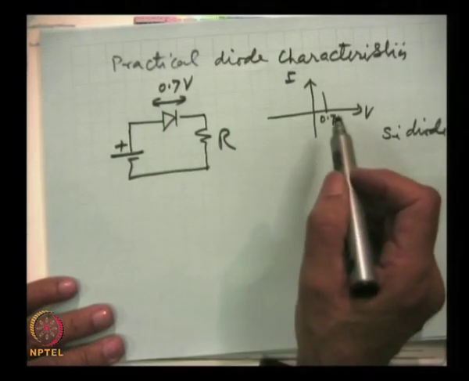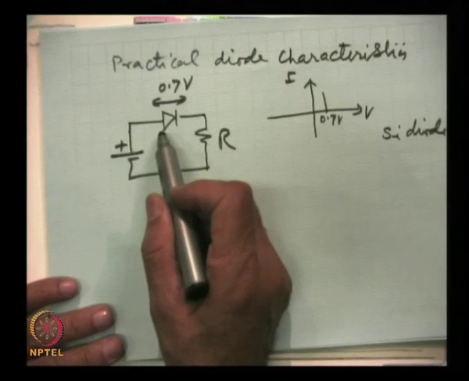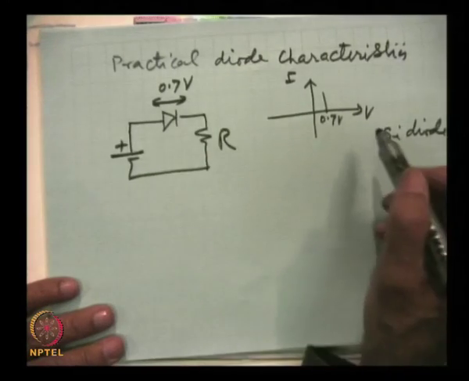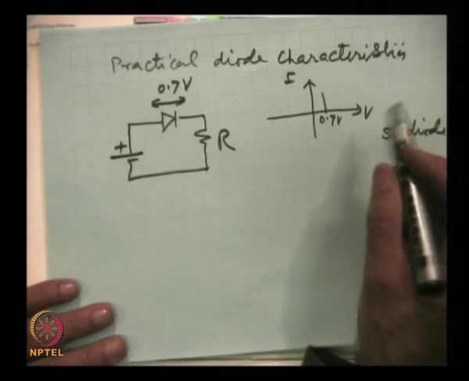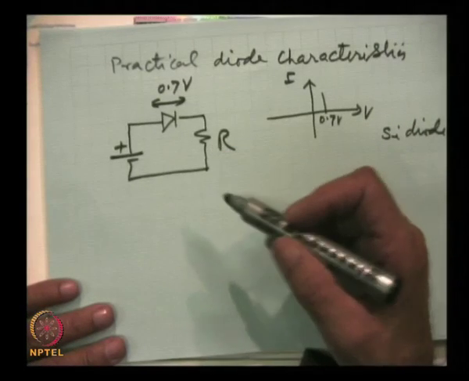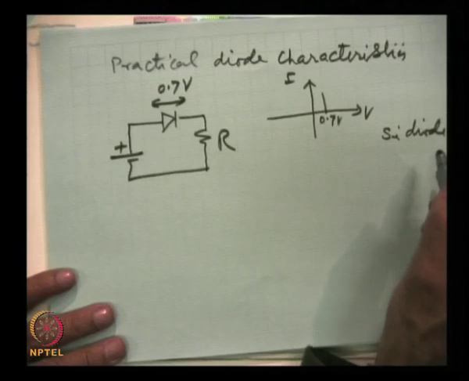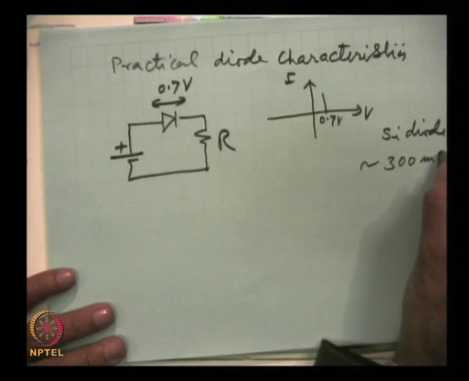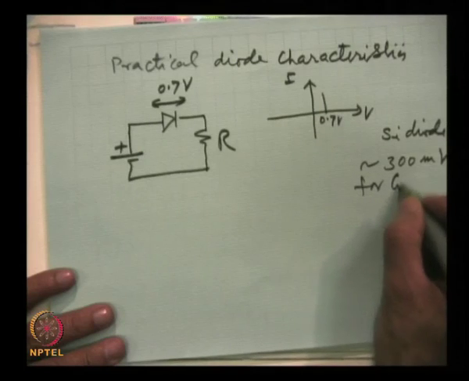When the diode is in on state, practically we take, if it is silicon diode, 0.7 volts drop, that means 700 millivolts for silicon diode, and this is around 300 millivolts for germanium diode.